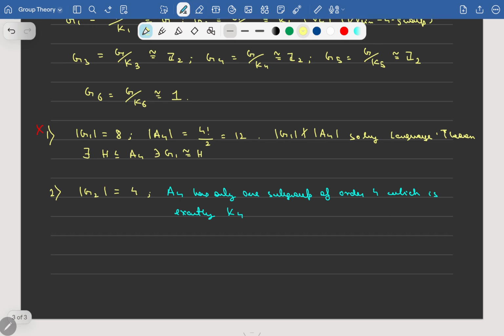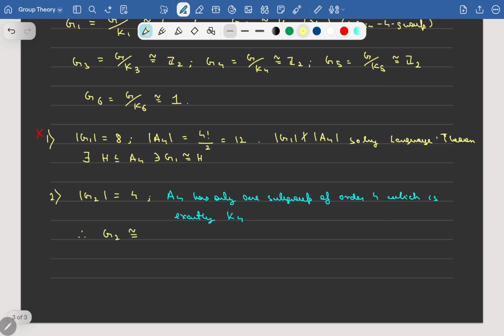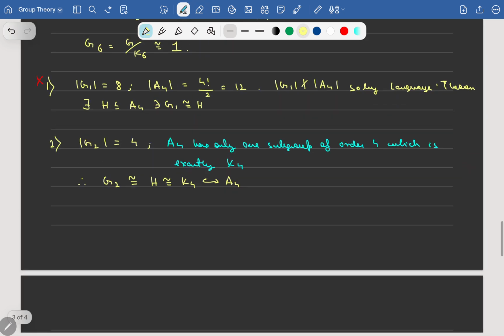So therefore G2 is isomorphic to a subgroup which is actually isomorphic to K4 in A4, right? So what is M here? M was the number of subgroups which exist being isomorphic to Gi.